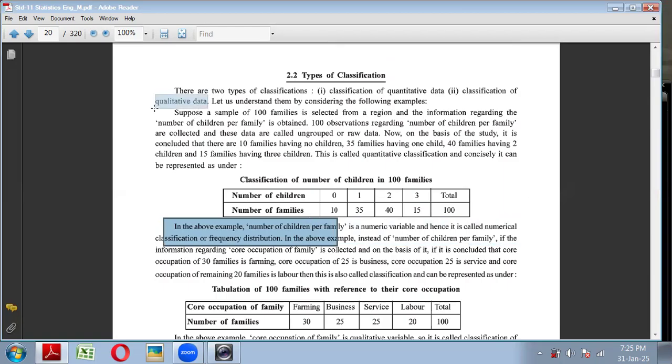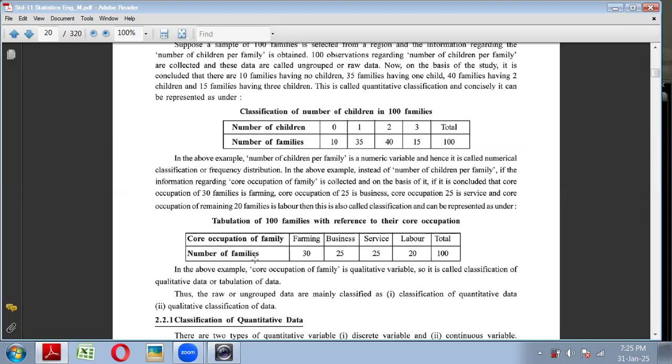Now, how can qualitative data be classified? See, this data is qualitative: 100 families and their core occupation. Here, families are into certain occupations. Occupation means the economic activities they are doing through which they earn money and satisfy their needs.